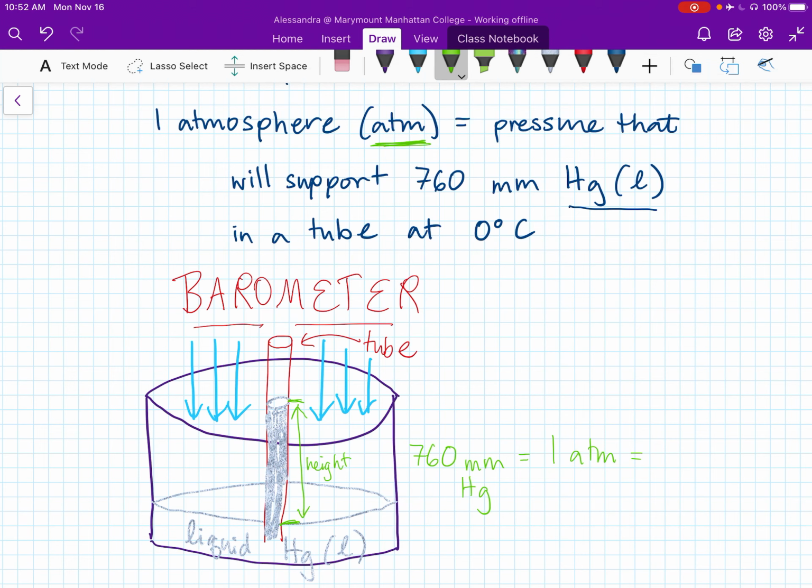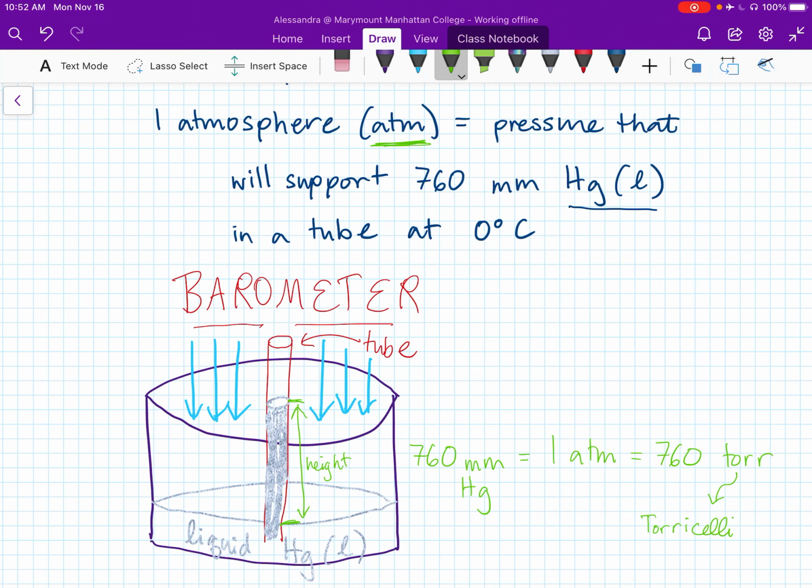And that millimeters of mercury is synonymous with a unit called the torr. So 1 atmosphere equals 760 torr. That unit comes from the fact that the barometer was invented by an Italian scientist named Torricelli. So the unit was literally named after him.